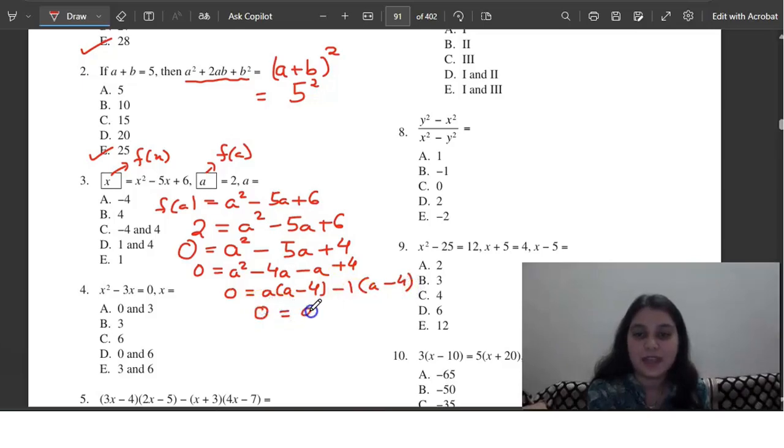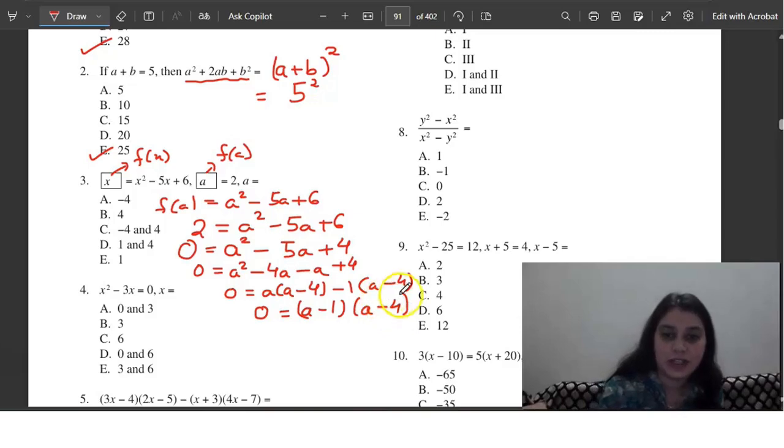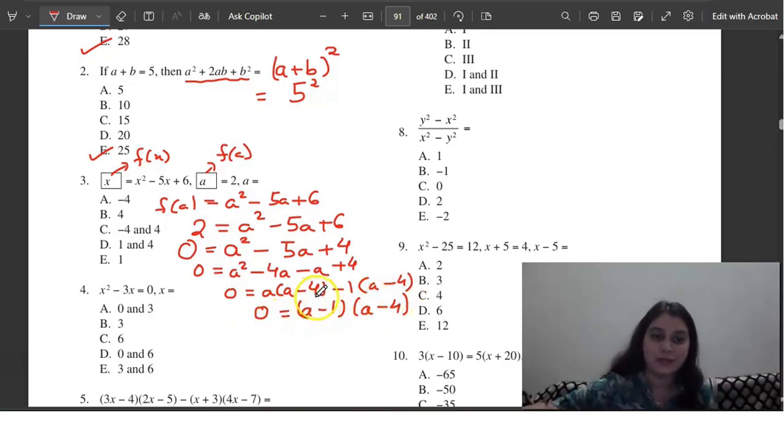So 0 is going to be a minus 4 multiplied by a minus 1. So definitely the product of these two is 0. Only possible, well, at least one of them is 0. So either a minus 1 is 0 or a minus 4 is 0. That will make a equal to 1 or 4. So D option is correct.